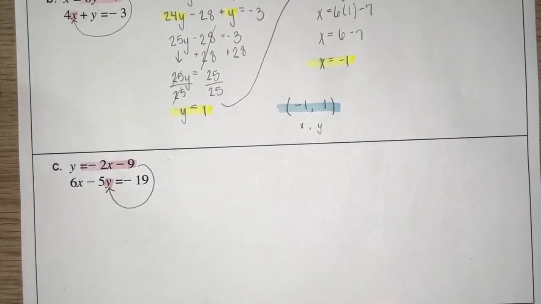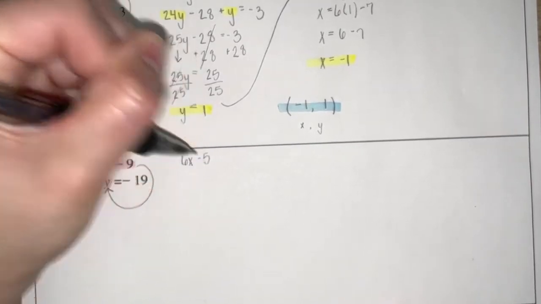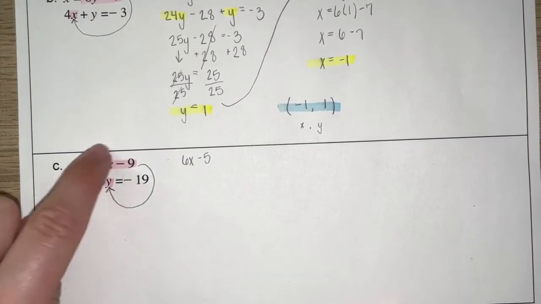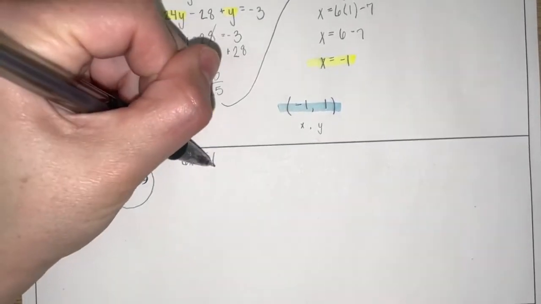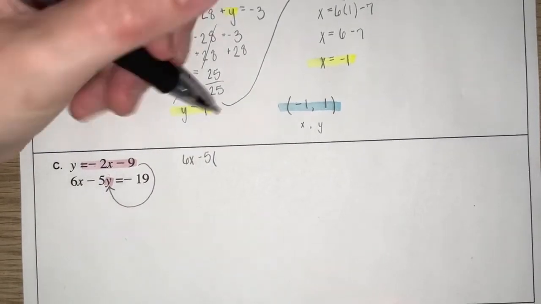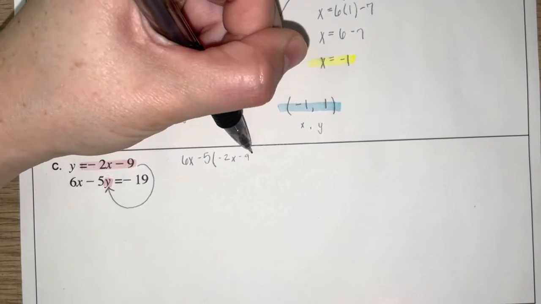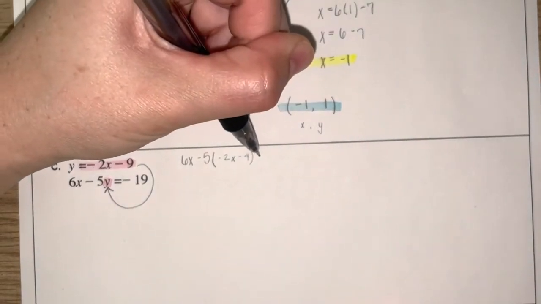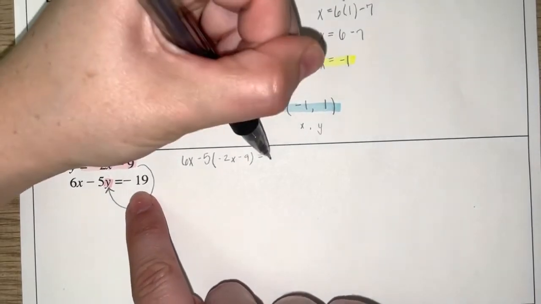So the second equation becomes 6x minus 5. Instead of times y, it'll be times all of this because we're saying that y is equal to this. So 5 times, this will go in parentheses, negative 2x minus 9. And then we have the equal sign that came after this y, negative 19.